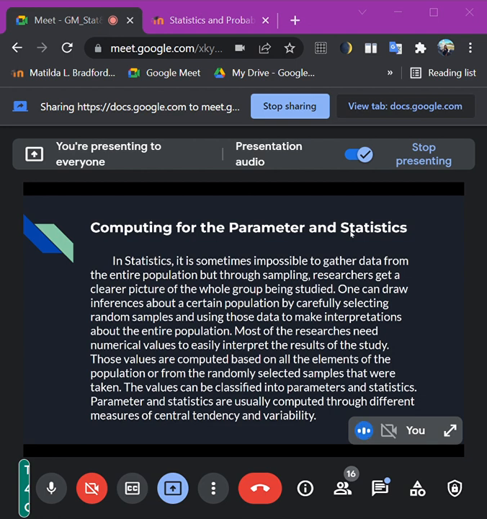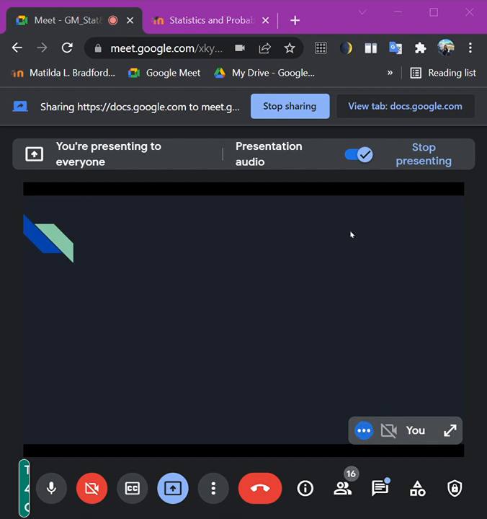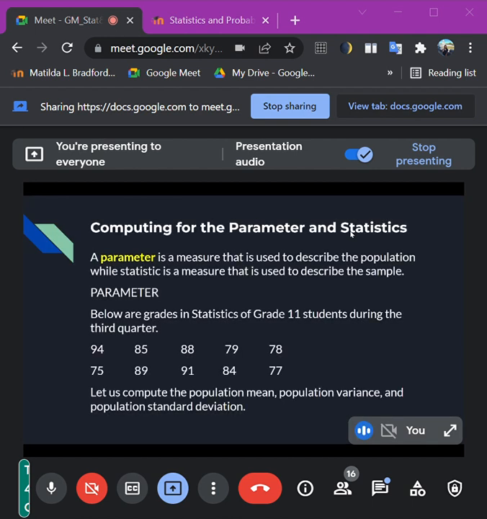Okay. So now, class, let's start with our parameter. A parameter is a measure that is used to describe the population, while a statistic is a measure that is used to describe the sample.